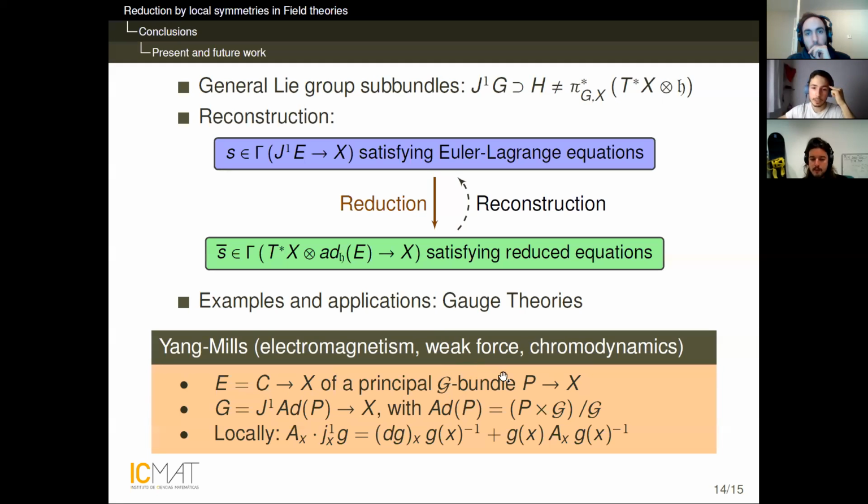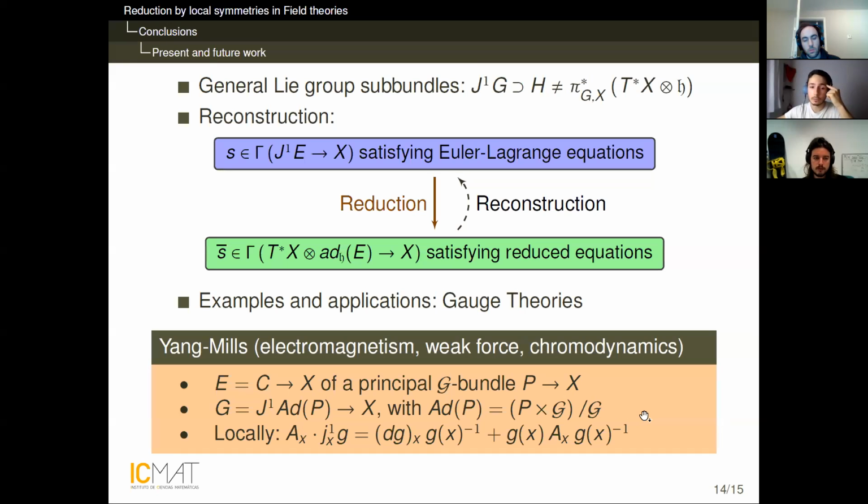But gauge transformations on a principal connection can be put in a bijective correspondence with sections of this Lie group bundle, the first jet of Ad of P, being Ad of P this associated bundle. So this allows us to define a fiber action of this Lie group bundle on our configuration bundle, which locally is given basically by gauge transformation of connections, like this expression.